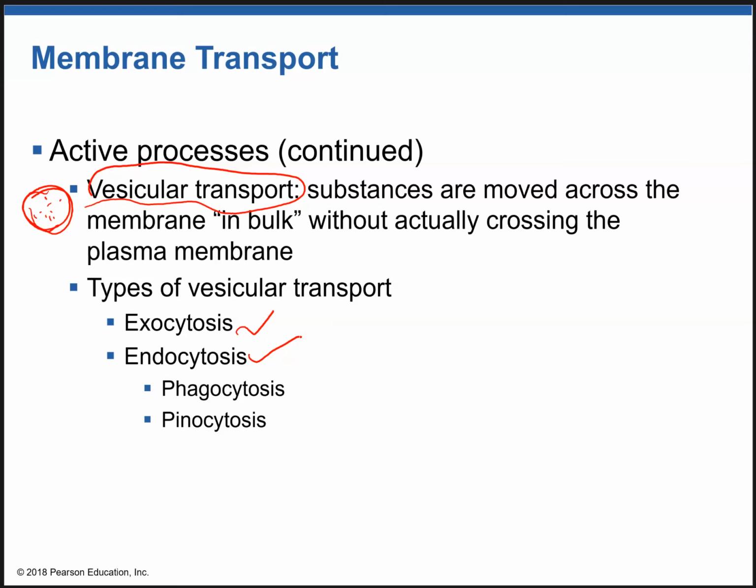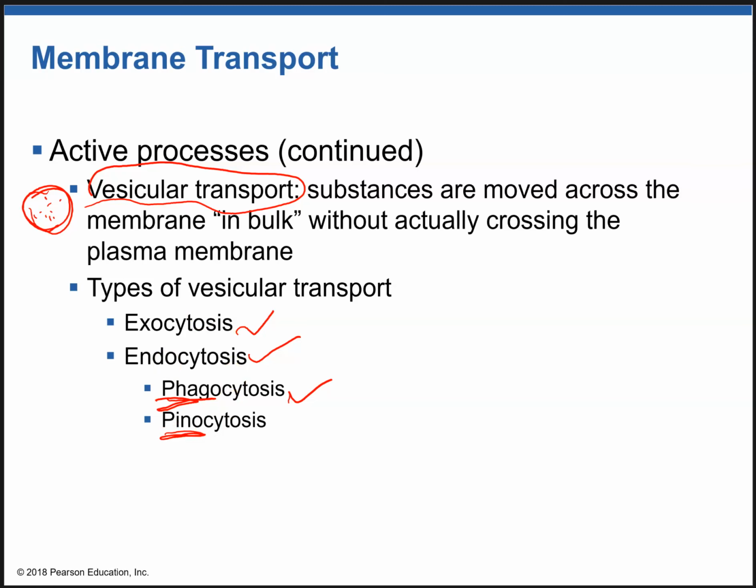There are two types of endocytosis: phagocytosis, meaning cell eating, and pinocytosis, meaning cell drinking.